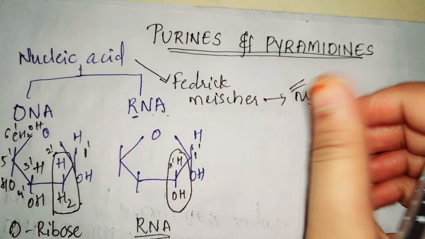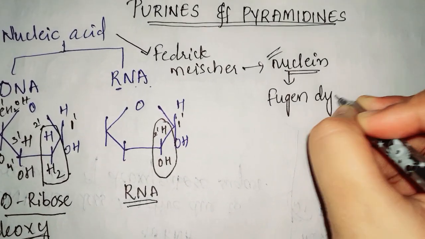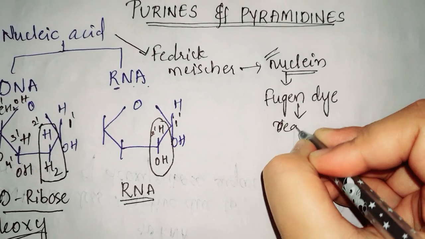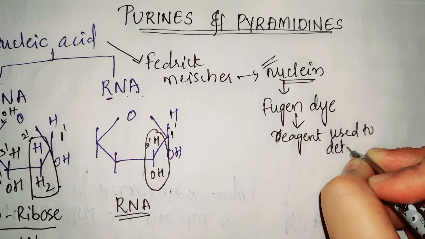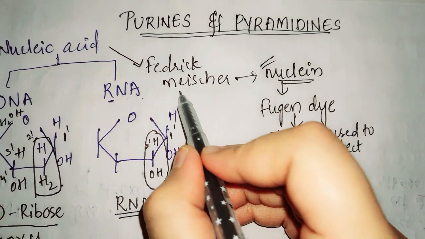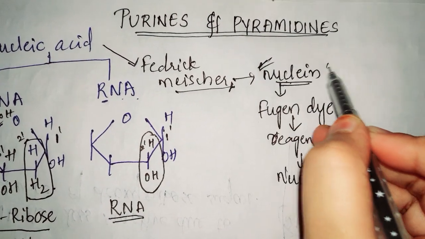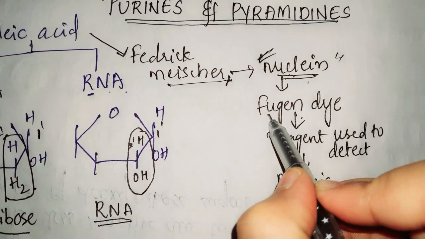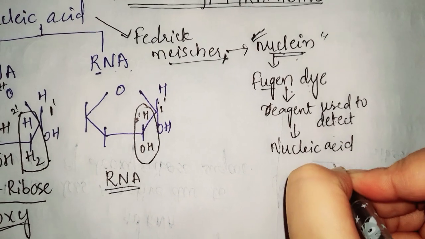After that, there was one reagent called fuchsin dye, which is used to detect nucleic acid. So Frederick Miescher detected the nucleic acid and named it nuclein, and some other scientists came and found the fuchsin dye as a reagent which detects nucleic acid.